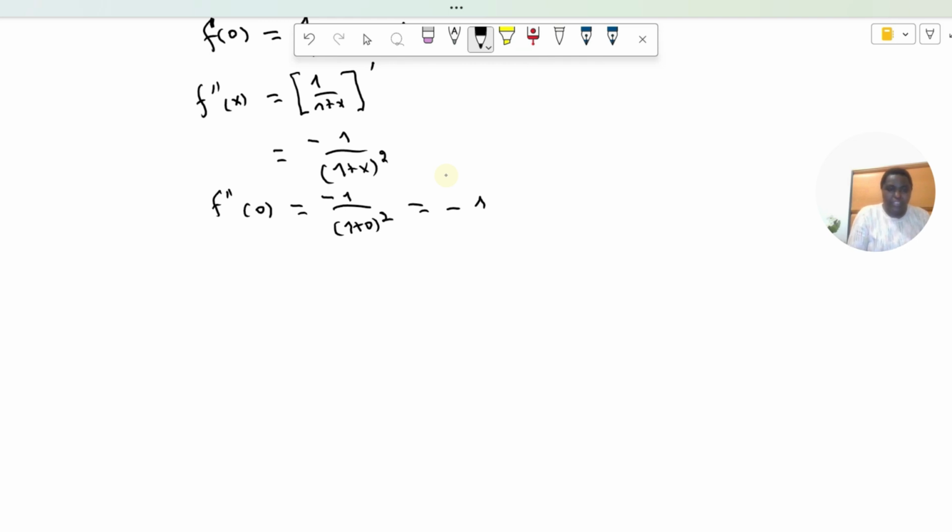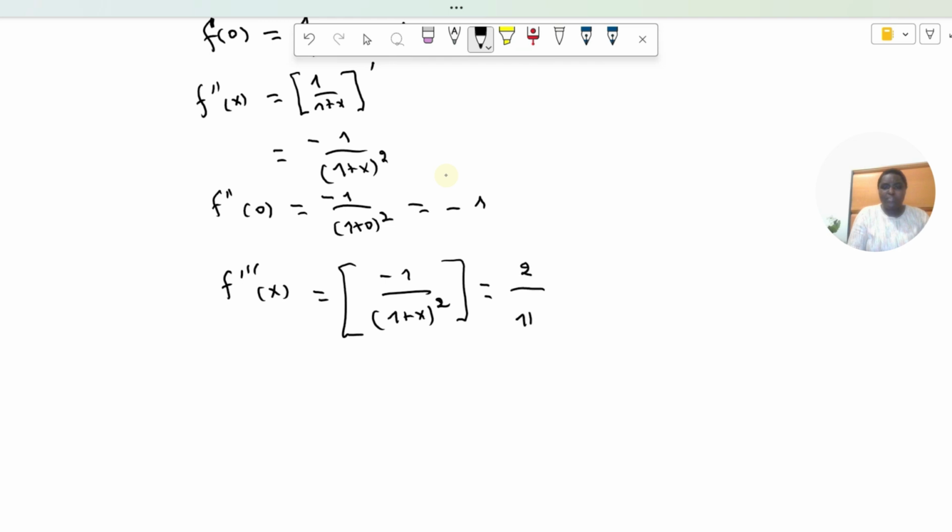So the third derivative of our function will be equal to the derivative of minus 1 over 1 plus x squared. I'm not going to compute it in detail, but if you compute it in detail, you will get that this derivative will be equal to 2 over 1 plus x power 3.